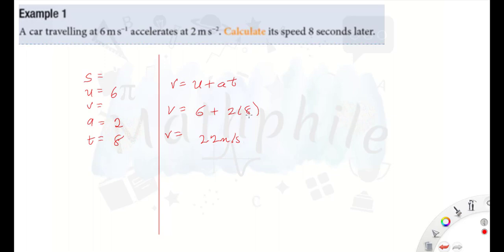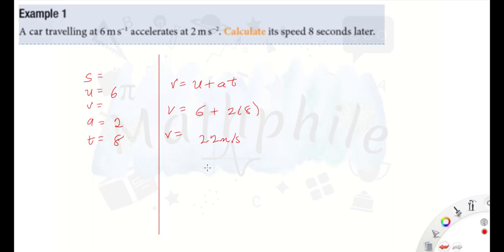So let's say I did V equals 6 plus 2 times 8, and instead of writing 22, I wrote 21. If I use this value in the next calculation, it's going to be wrong, even though this was just an oversight. So you always try not to use values you've calculated in solving your next question.